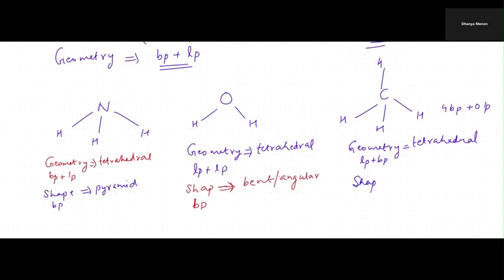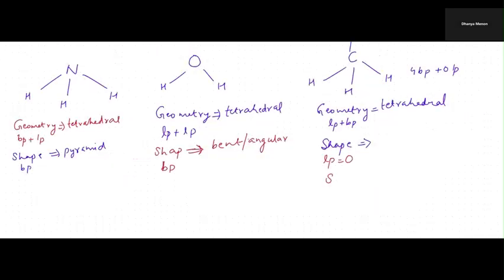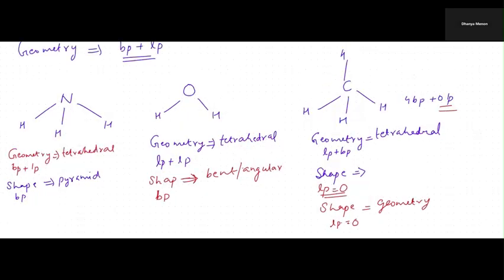Because over here the lone pair is 0, then students, the shape is same as geometry. In methane, the lone pair is 0, so the shape is same as geometry, which is tetrahedral.